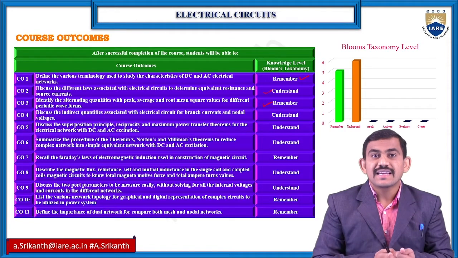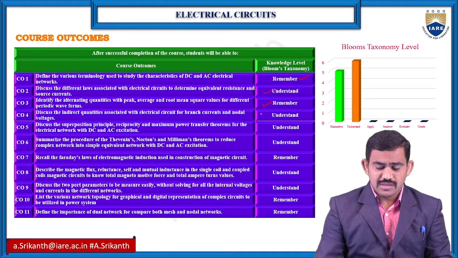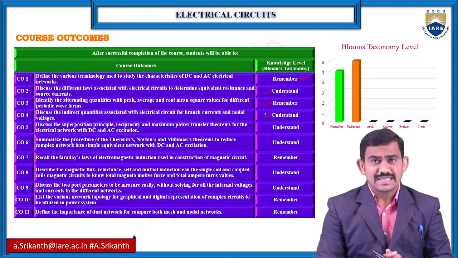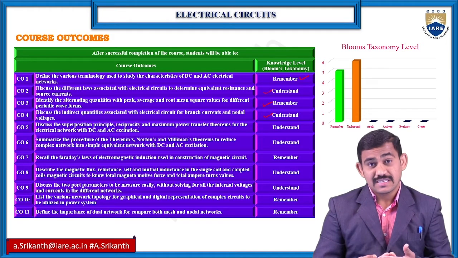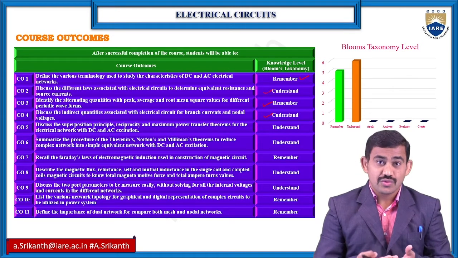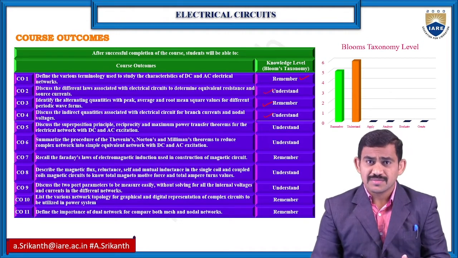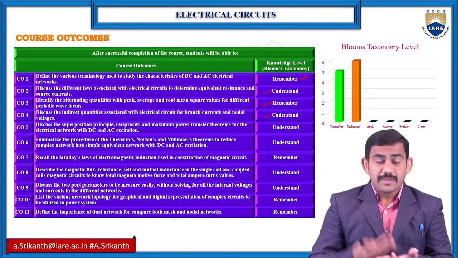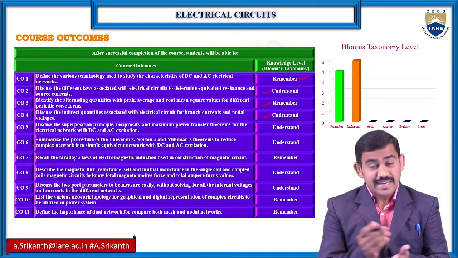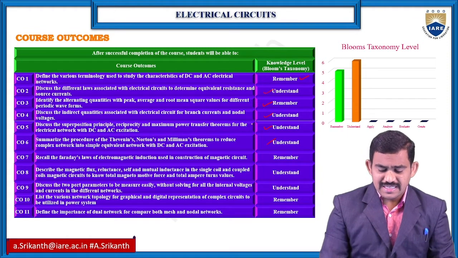The fourth one is indirect techniques. We need to discuss some indirect techniques, so that is under understand. And the fifth one is again AC as well as DC theorems. For AC theorems and DC theorems, we have some discussion and some summarized deduction techniques. So those two come under understand.